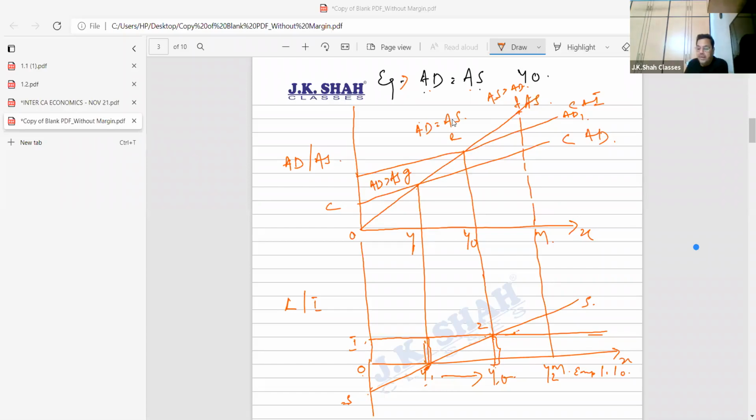Please remember that, beta. I've always been saying that full employment is never achieved, it is less than the full employment level. That was the two sector model.